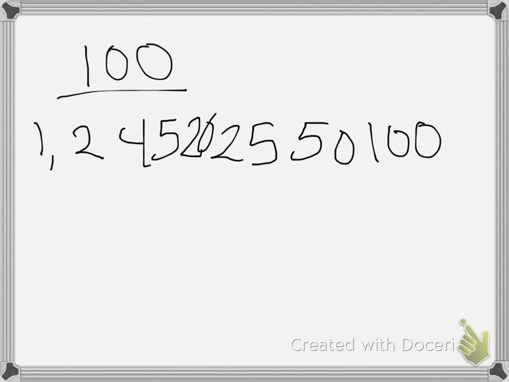Part C says, find a number smaller than 19 that has more factors than the number in part A. So again, I'm thinking, okay, what is something smaller than 19 but going to have more than 4 factors?